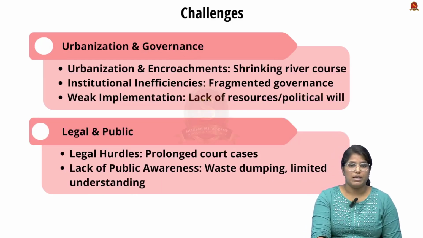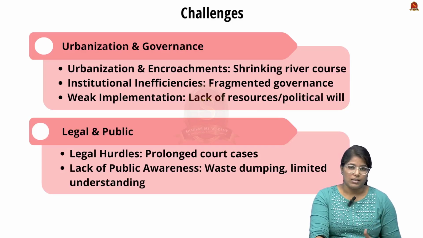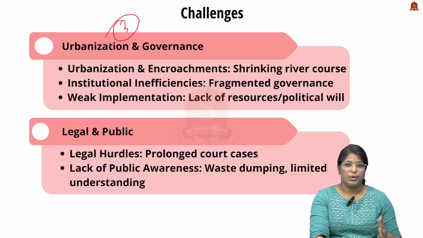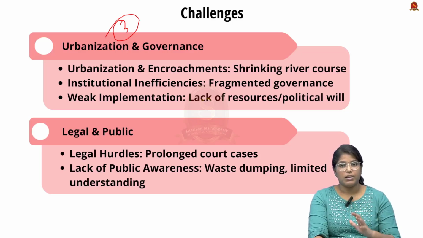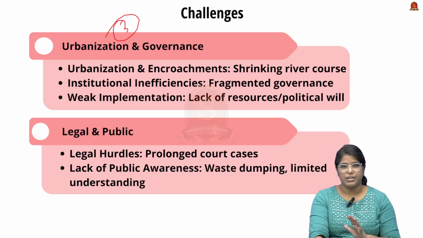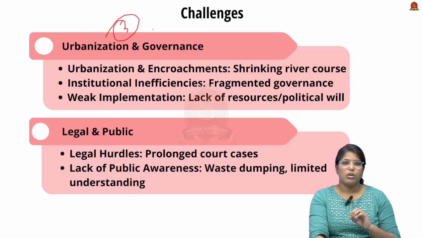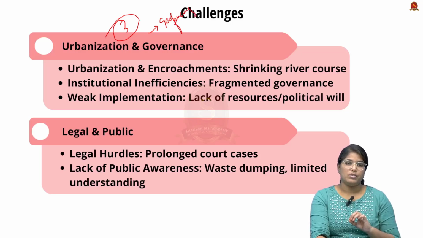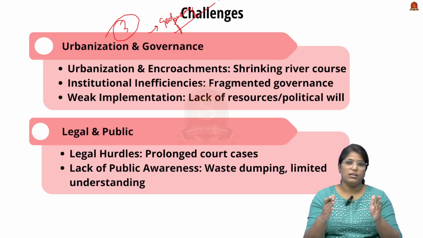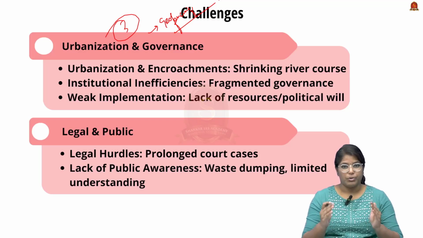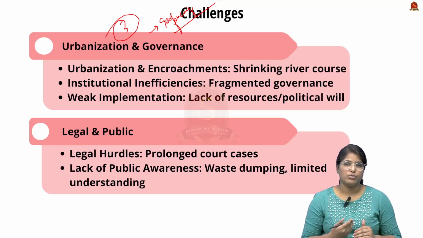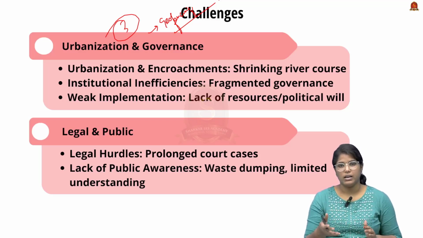Moving on, we shall see the other challenges. The third important challenge is urbanization. The urbanization has actually encroached a lot of river area, to be precise. So we have to bring in technological innovation like geofencing. This geofencing will mark the bank of that particular river, and it will help us identify encroachments much earlier.